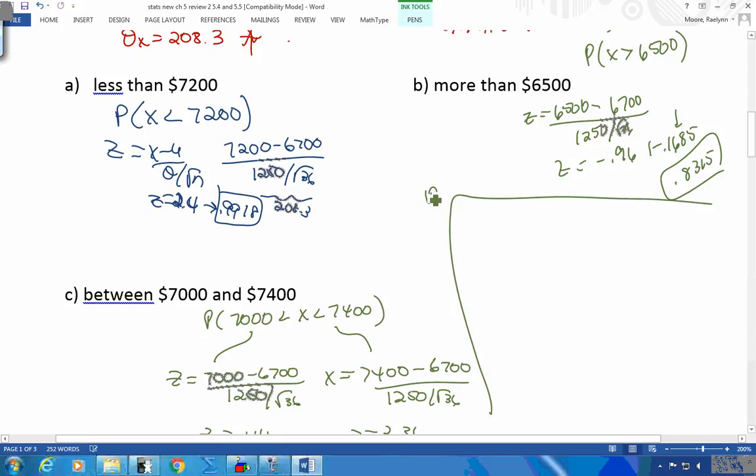This was number 10. You had to tell me, are you more likely to select one person with an IQ greater than 105? So where's that one person coming from? Your sample or your population? Population.